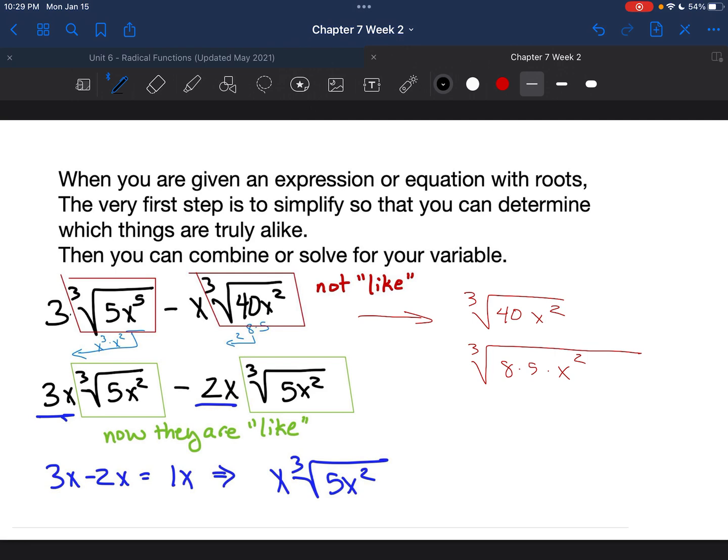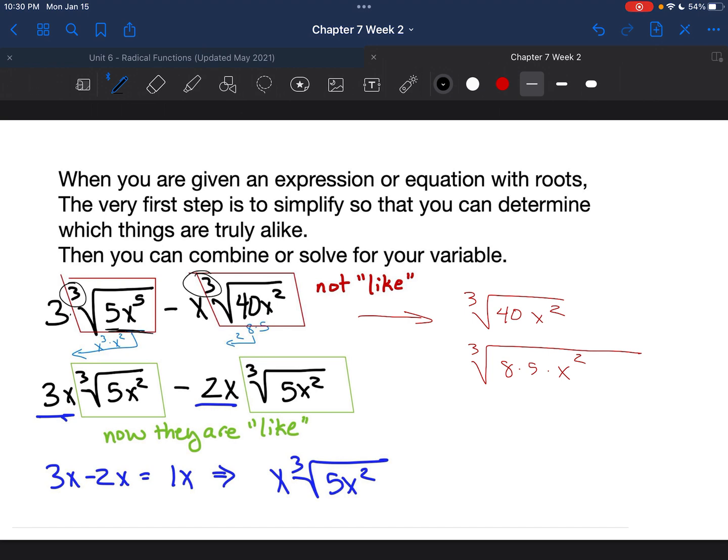So in this case, when I'm looking at my bases, I've got like indices, but I do not have like bases on the inside. However, we can simplify those according to our radical rules. So let's do that first and then compare. We can't make a decision yet about it.